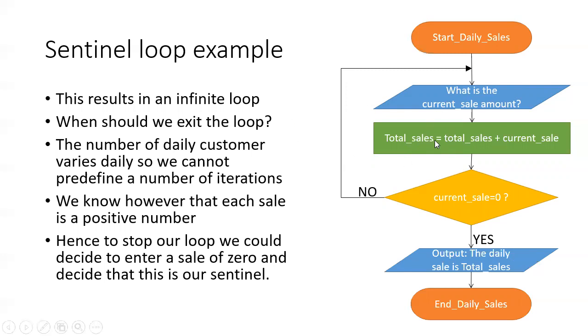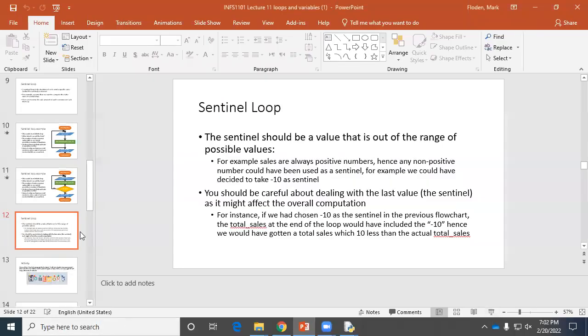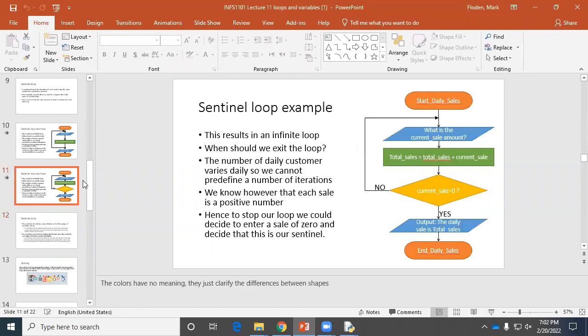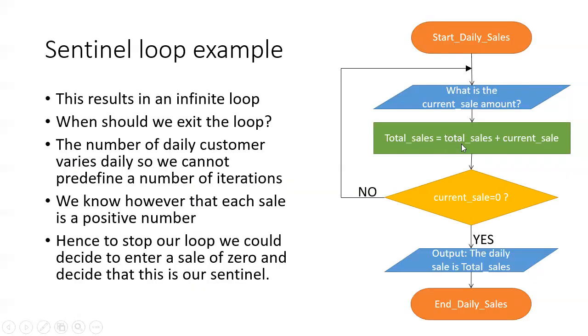You can take this process here where you're doing the addition and do that after. Ask for the amount and then test, and only do this if the test is true.